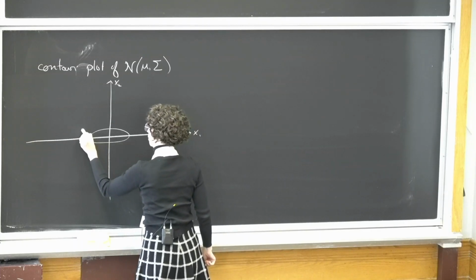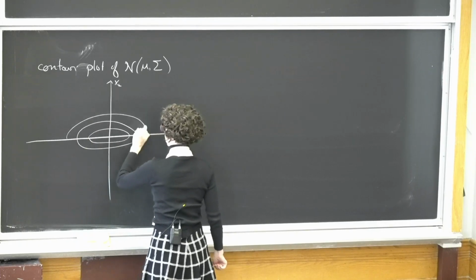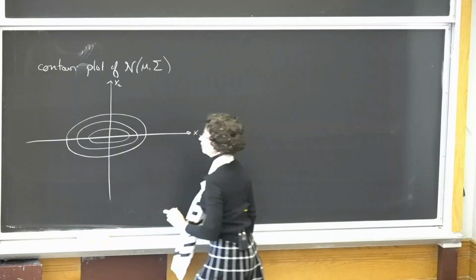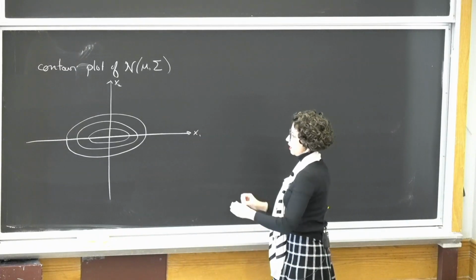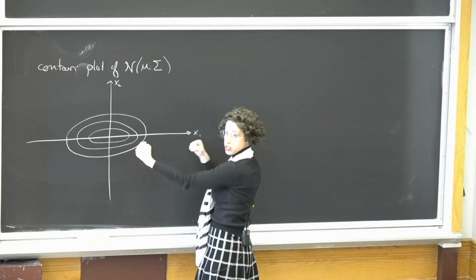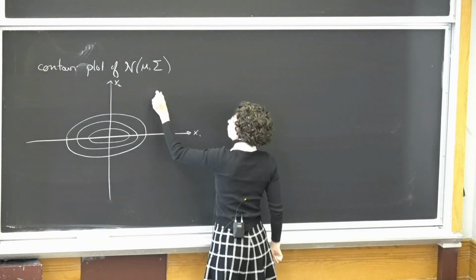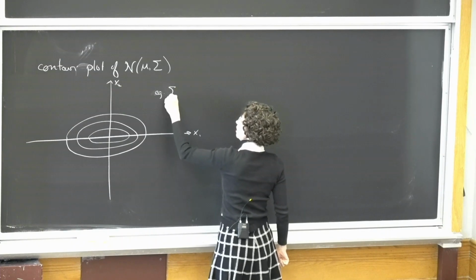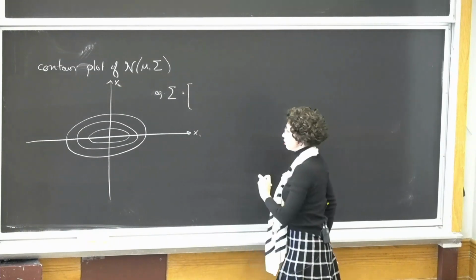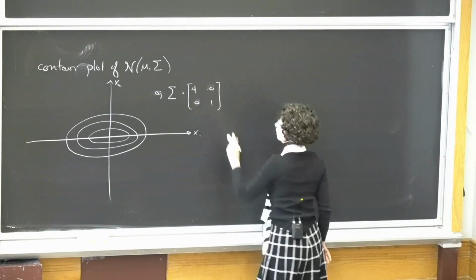So I've got a bunch of ellipses corresponding to different contours. And here I've got more spread in the x1 direction than I have in the x2 direction. So, for example, this might correspond to my covariance matrix being 4, 0, 0, 1.